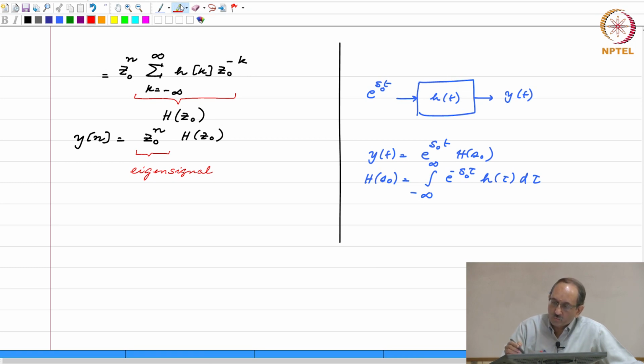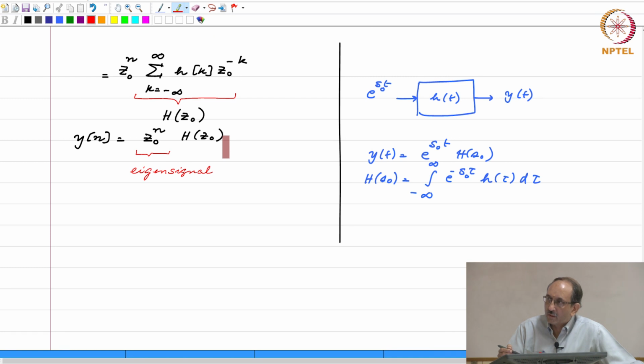So, what I want you to realize is we are using the independent variable to tell us what the transform is. When we say h of z, we say Z transform. When we say h of s, we say it is the Laplace transform. S is after all the independent variable, and s is a complex number.